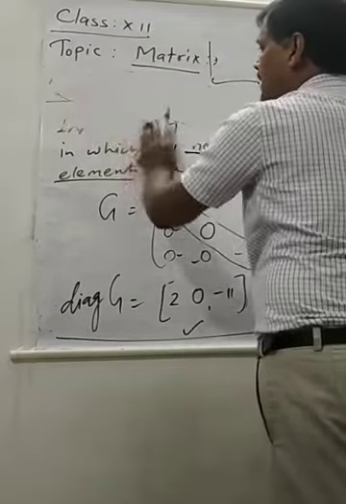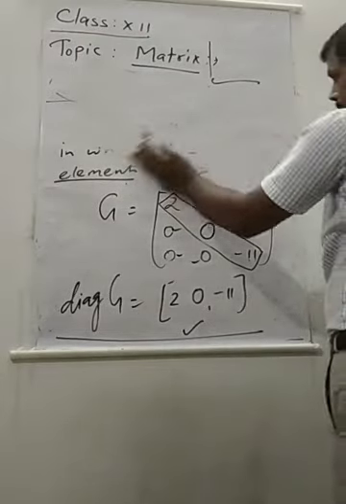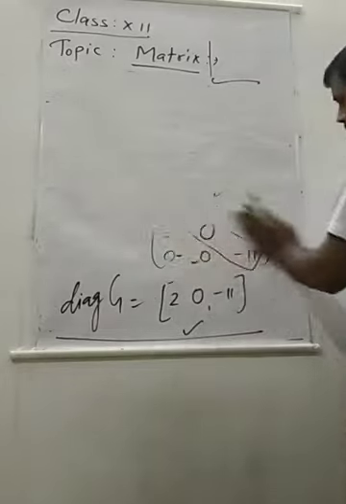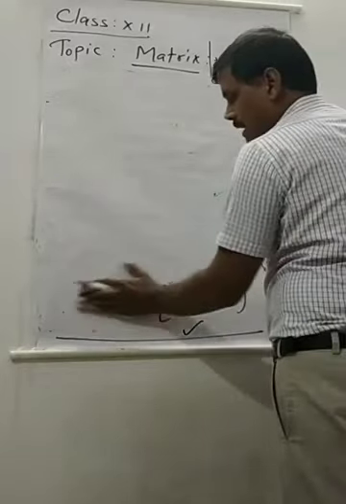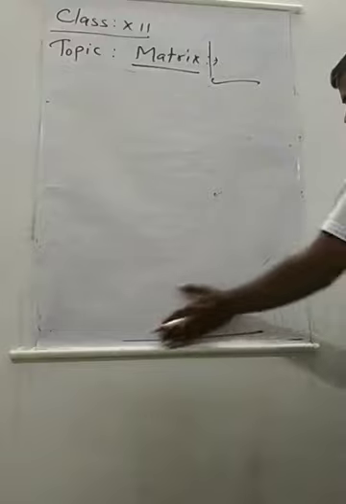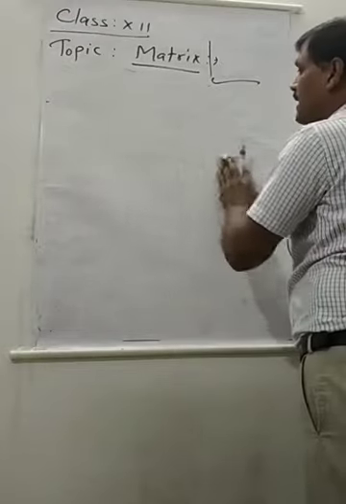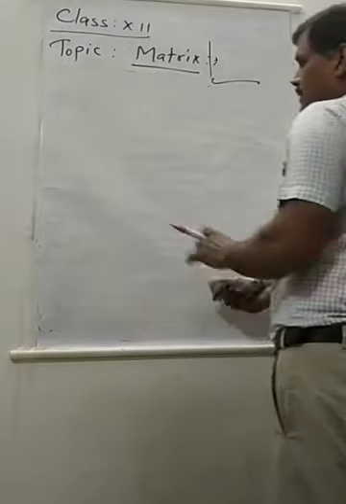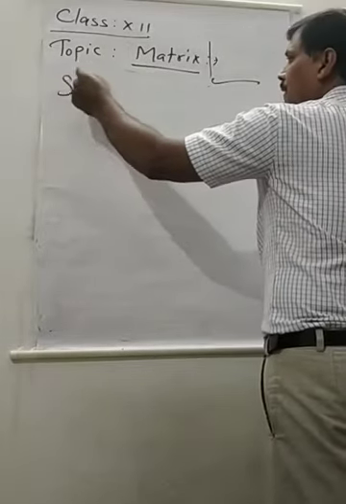The next definition is scalar matrix. Scalar matrix is a diagonal matrix, first thing. It means the scalar matrix is the branch of diagonal matrix. It is a special type of diagonal matrix. So we will define scalar matrix with the help of diagonal matrix.